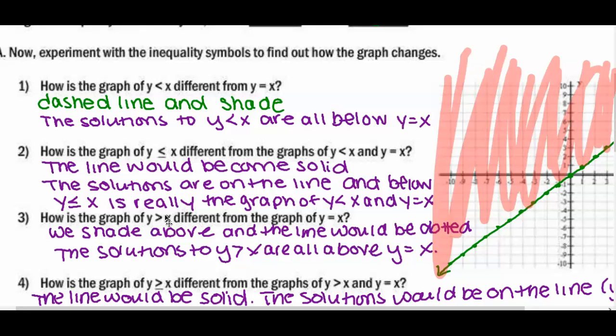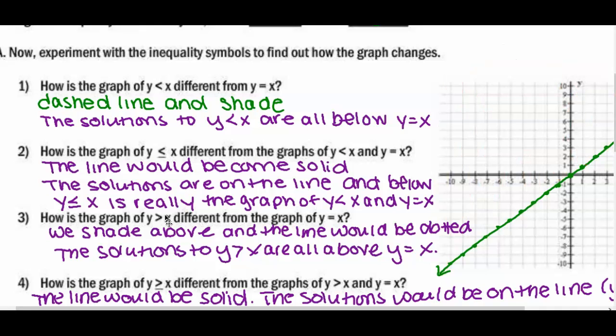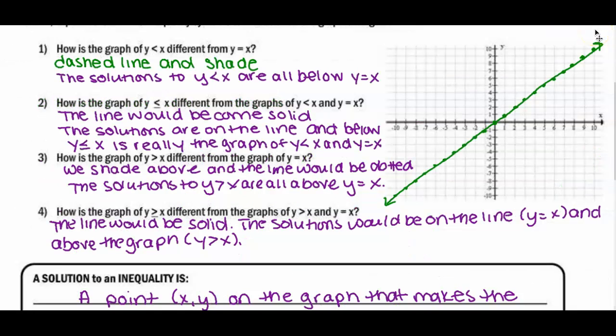The solutions would change because now your answers come from above the line. And then for part 4, how would it change? Well, now the change is above and on. So we're really talking about the graphs and where the solutions come from.